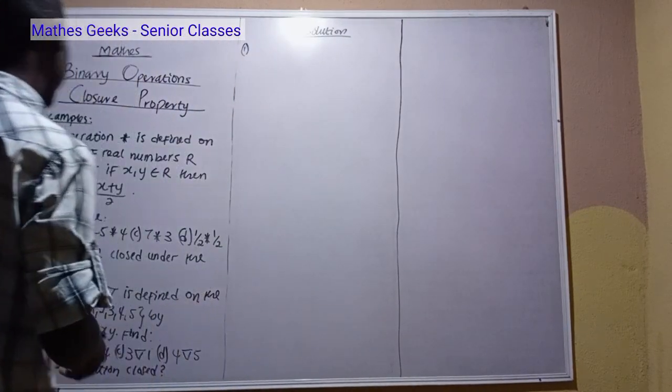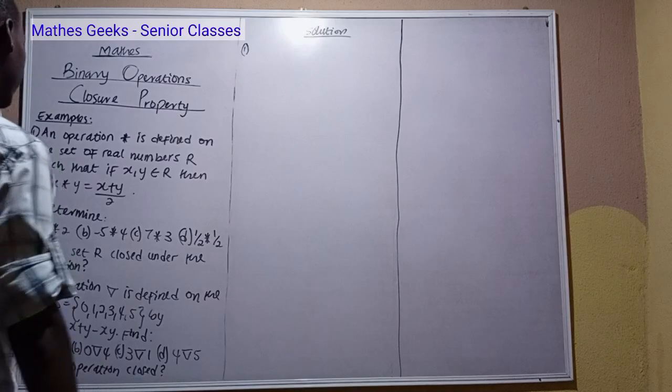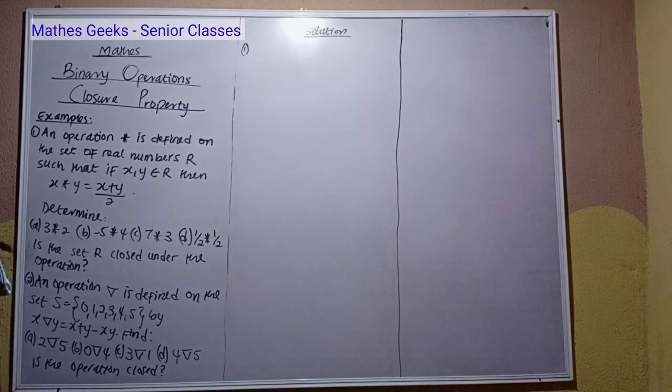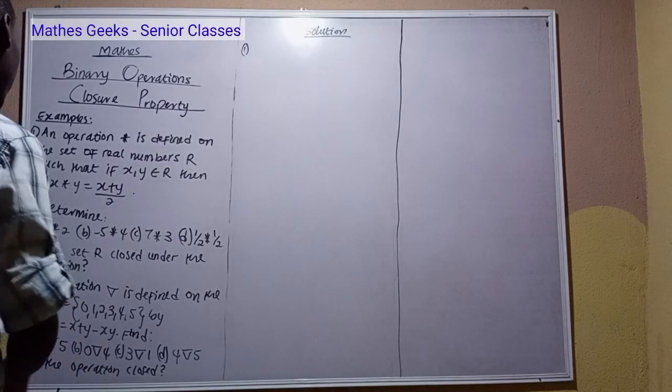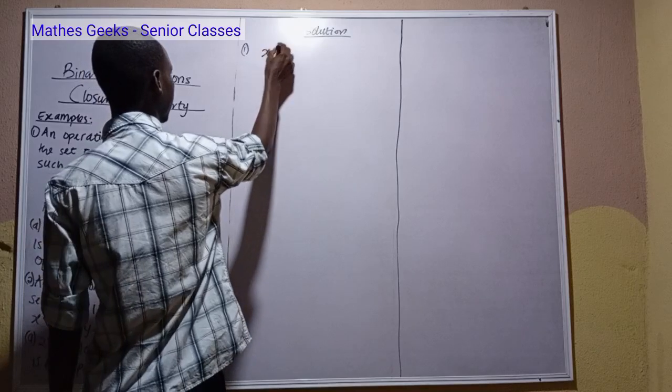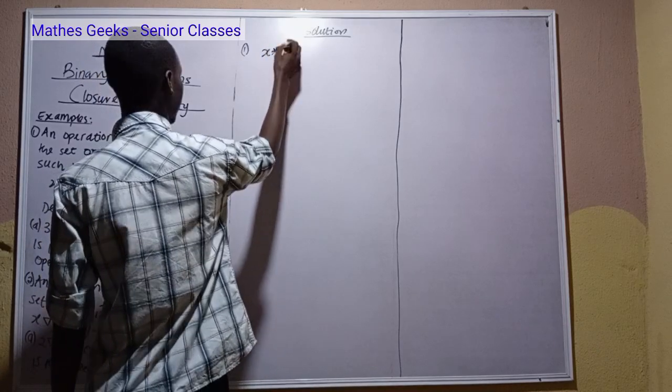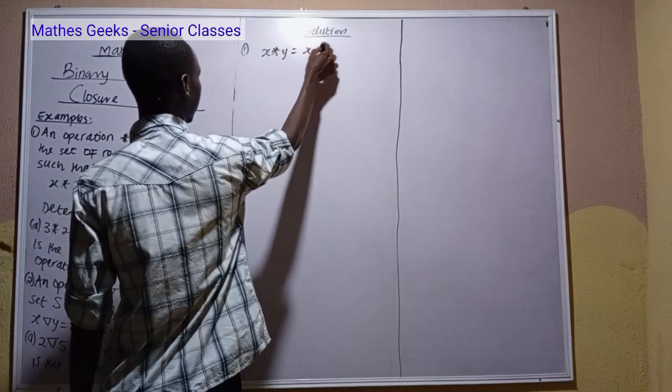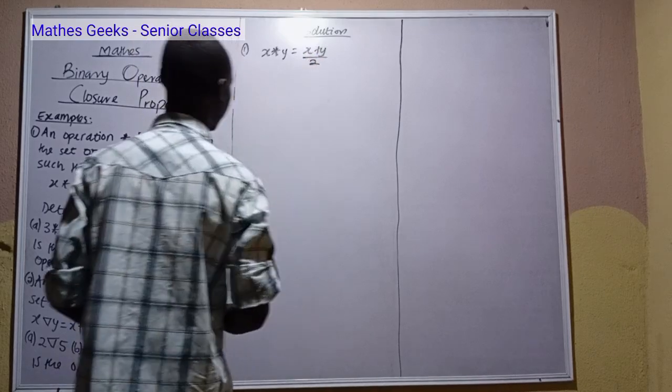An operation star is defined on a set of real numbers R such that if x, y are members of the set R, then x star y is equal to x plus y over 2. So the first thing we need to do is to write the rule of combination: x star y is equal to x plus y over 2.